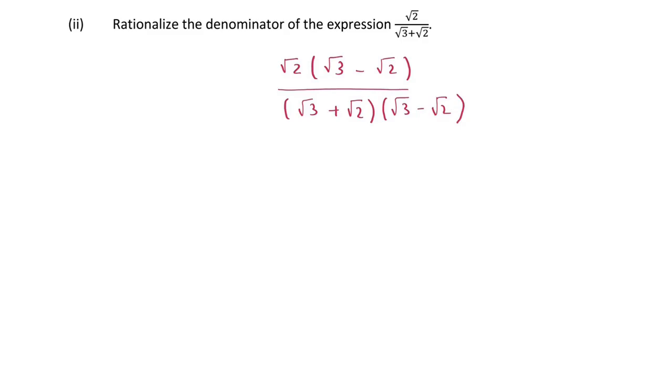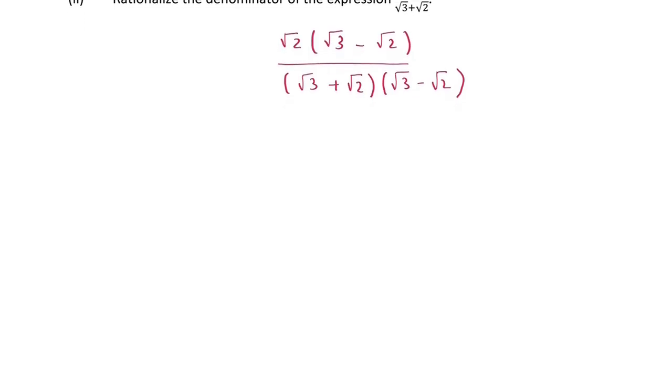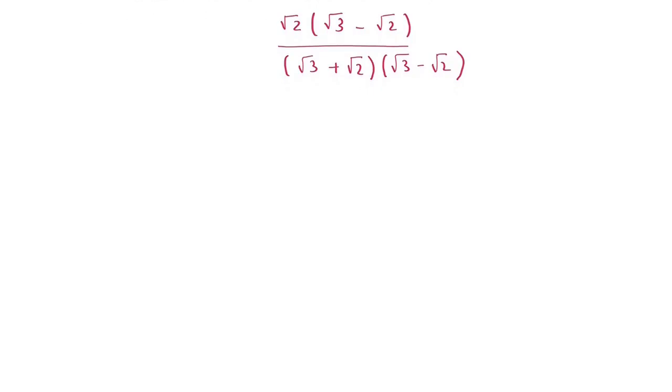Okay, so next we are going to open the brackets by multiplying each number inside the bracket by radical 2 for the numerator, and for the denominator we are going to apply a difference of two squares concept to expand.